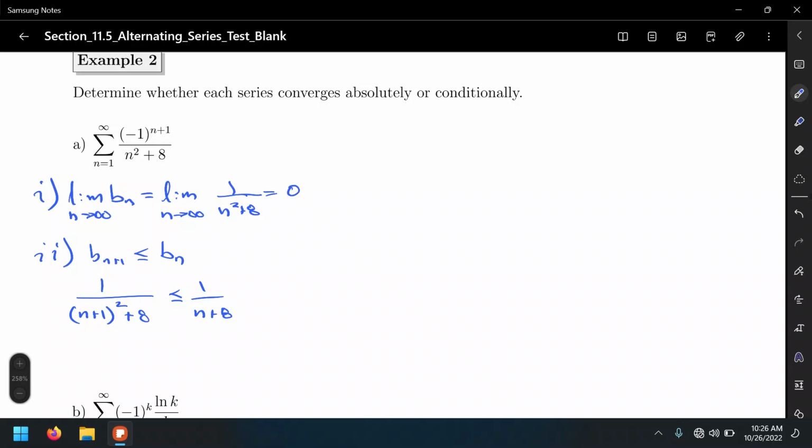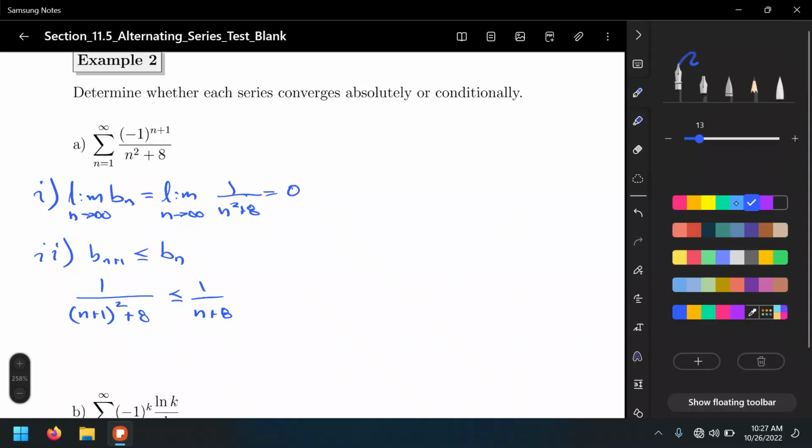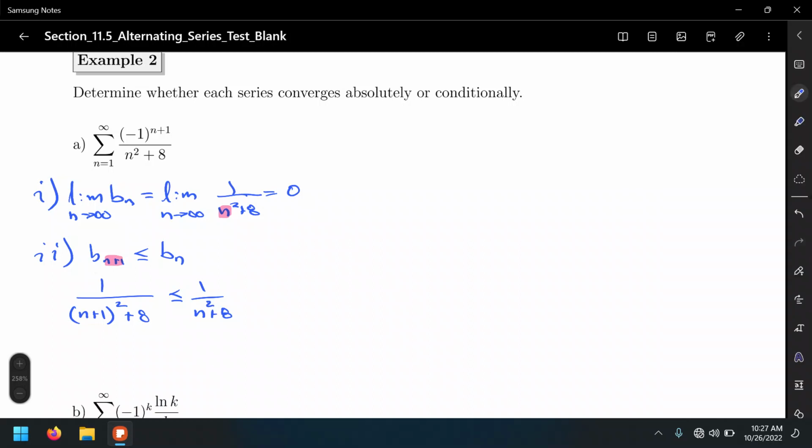And dividing by a larger number gives us a smaller number than on the right-hand side. So every instance of n in the sequence gets replaced with n plus 1, and the right side is n squared plus 8. All right, so the two conditions are satisfied, and we're good to go to create a whole new problem.